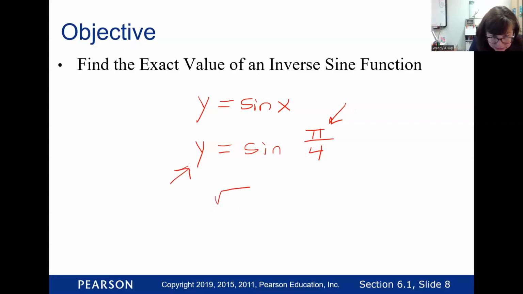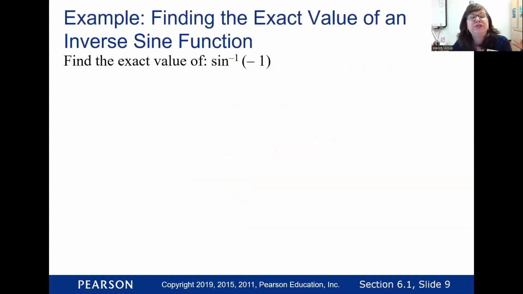In this case, it would be √2 over 2. You plug in the angle, you get out the sine. With the inverse, we give you the sine, and your answer is going to be the angle. So think, I am giving you a sine of -1, and I want you to tell me, what angle is that? We're going to get out the angle.